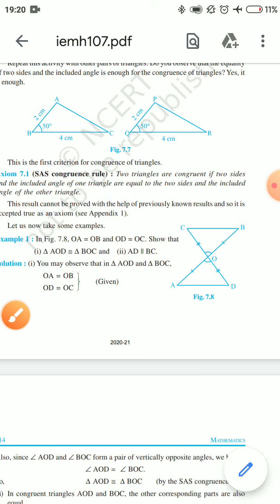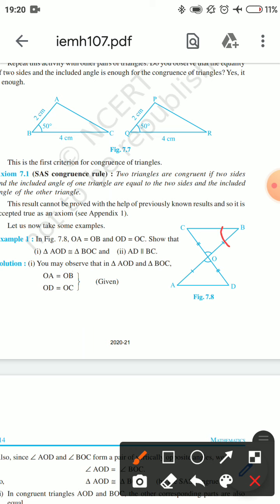So here you can see that angle B is equal to angle A. Why? Because of CPCT. We have proved earlier that triangle OCB is congruent to triangle ODA. So corresponding parts of these triangles will also be equal. That means angle OAD will be equal to angle OBC, right?